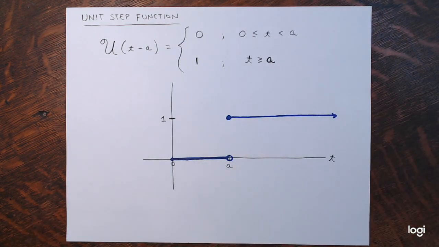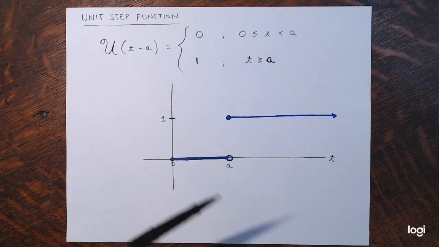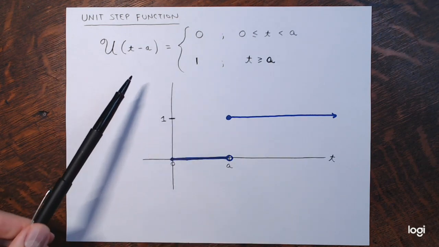Okay? Now, why this is being introduced is because this function can be used to rewrite specific piecewise defined functions in a manner that's not piecewise anymore, so in a manner that has just expressions involving the unit step function.